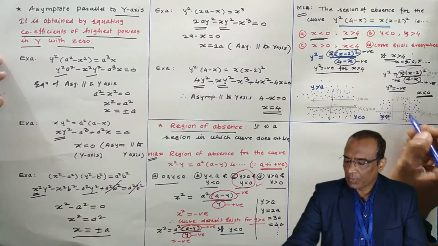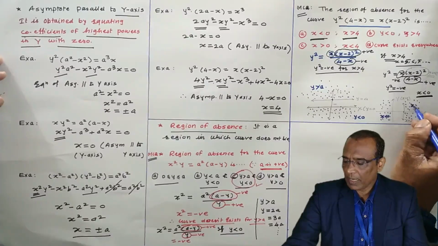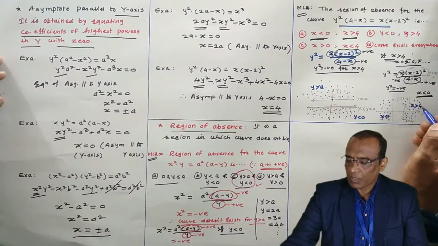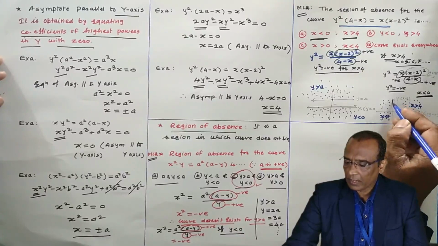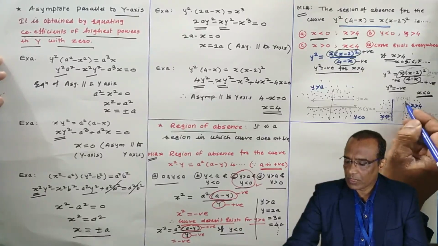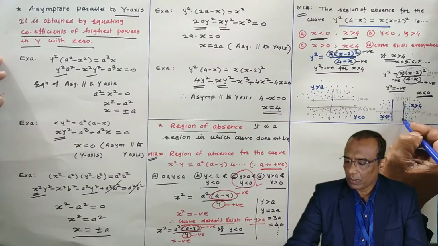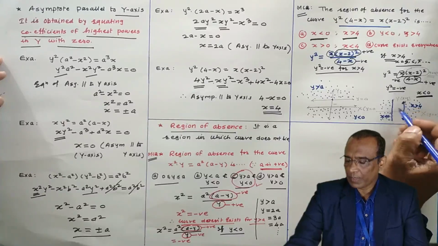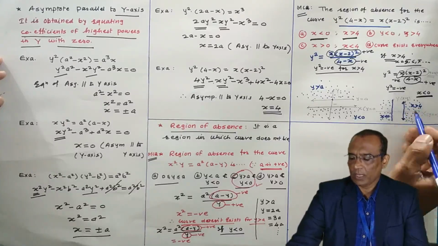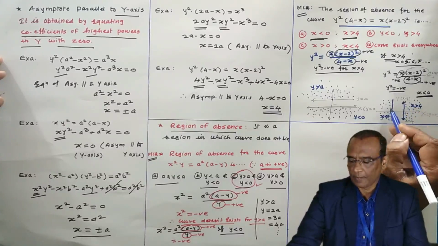On the right hand side of this line, here we have x greater than 4. Means our curve will lie between these two lines. Okay, this is the region of presence you can say, and the dotted region is the region of absence.